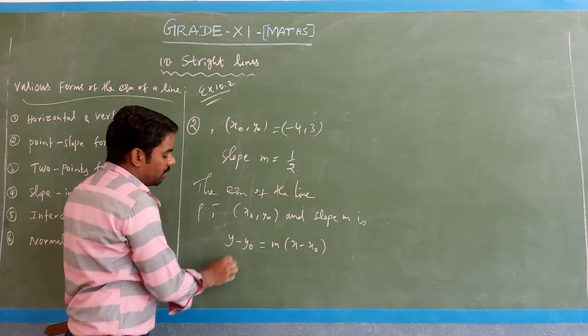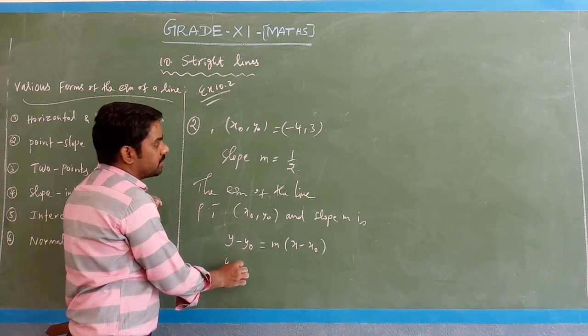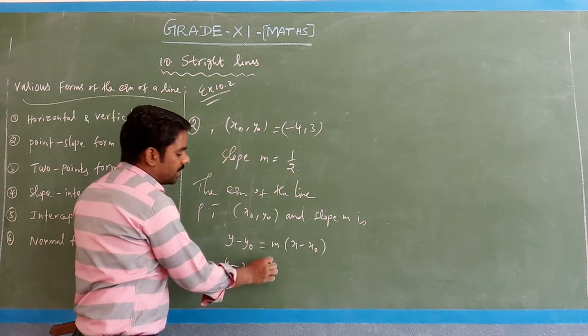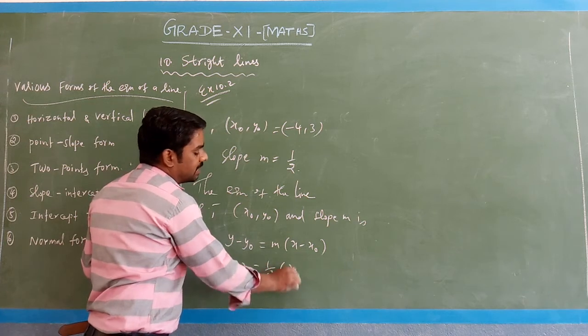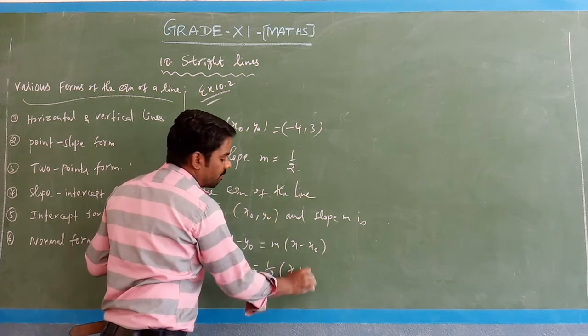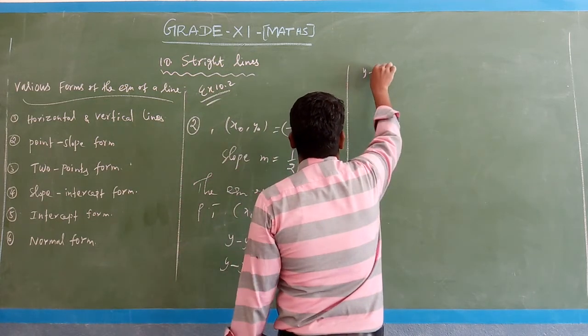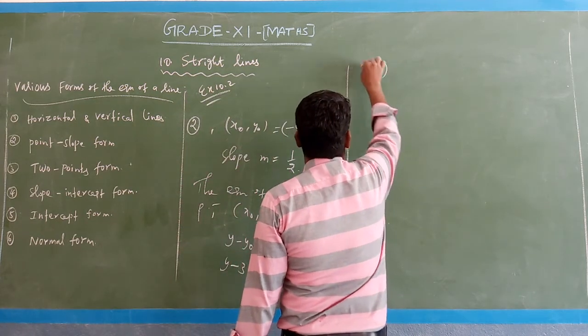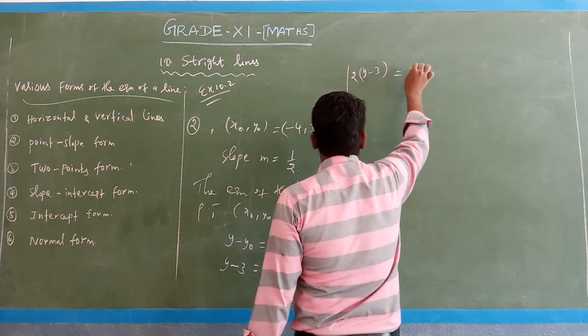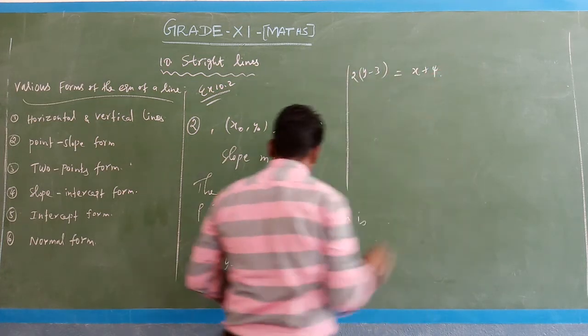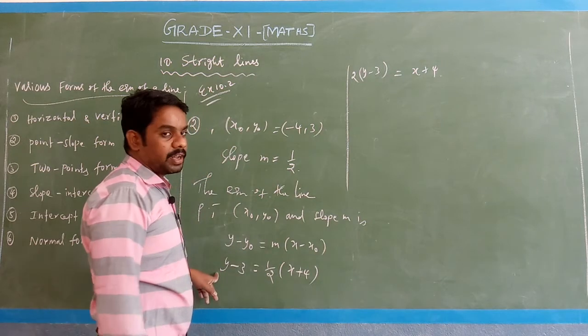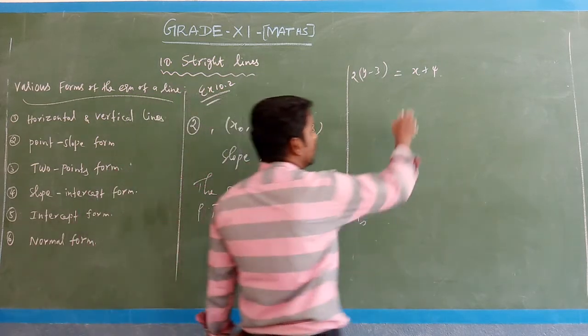So substitute these values. y minus y0, that is y minus 3, equal to 1 by 2 into x minus x0, where x0 is minus 4, so x plus 4. Multiplying by 2, 2 into y minus 3 is equal to x plus 4.